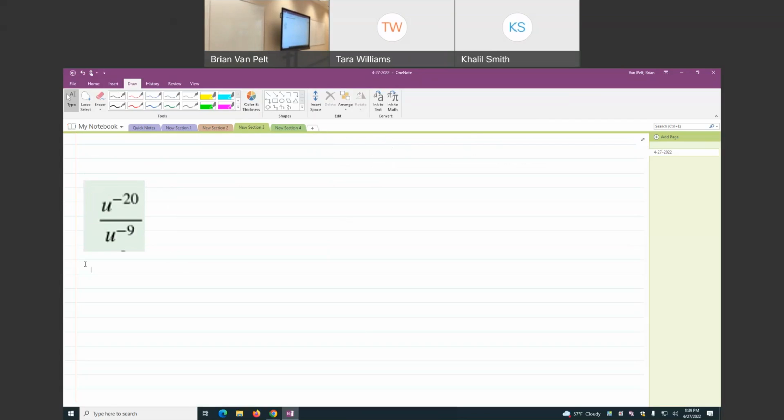See if it works. I bet you it does. Go straight to the quotient rule. What does it tell you to do with those exponents? That's right. Not true. But it's related.